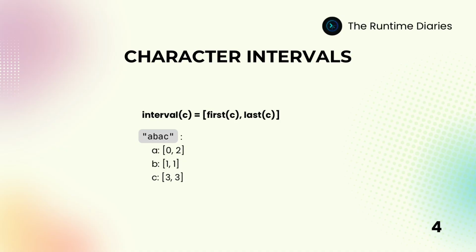And the letter C appears only at index 3, so the interval for C is 3, 3. Once you visualize characters as intervals on a number line, the whole problem opens up. You're no longer asking which substrings work. You're asking which intervals fit completely inside which regions.